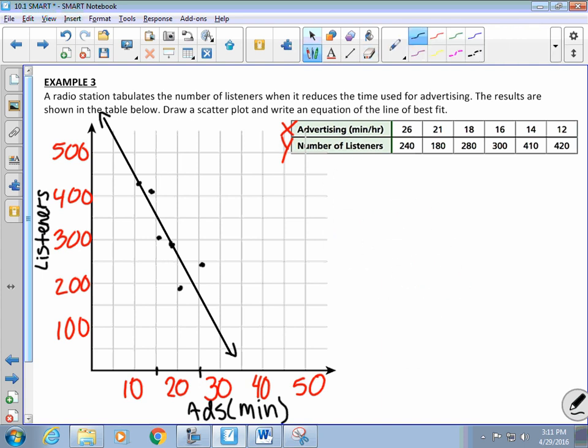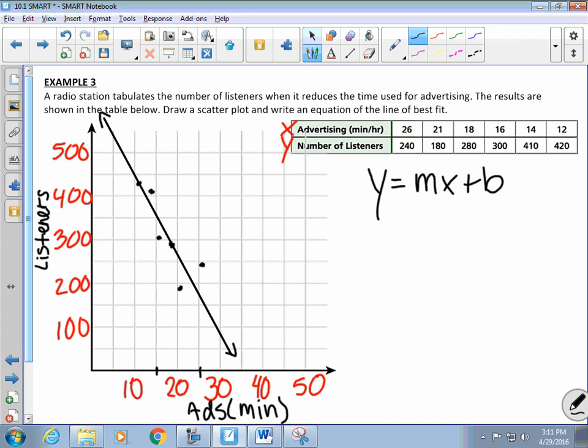We're going to write an equation, y equals mx plus b, to represent that line of best fit. What I'm going to do, because it's a line of best fit, it's going to be an approximation. And so it's okay to get a little bit of an estimate with your slope and your y-intercept here.